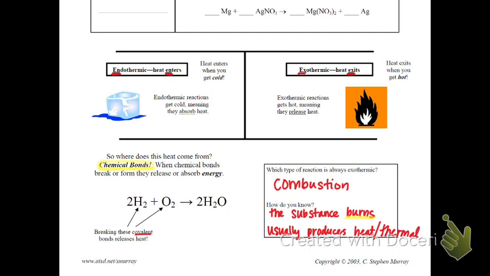What's the other type of energy that burning usually produces? What else does a fire do? Fire is hot, and what other energy is coming out of it?